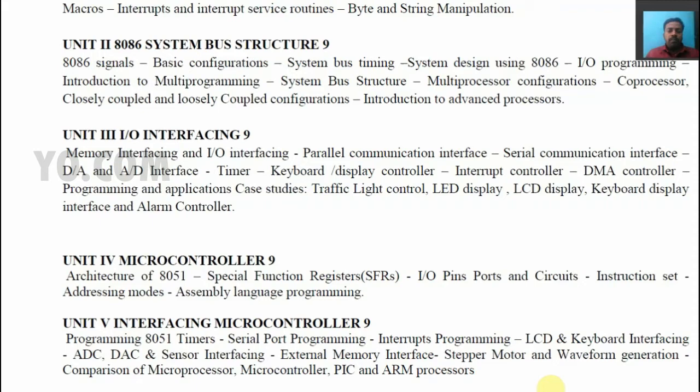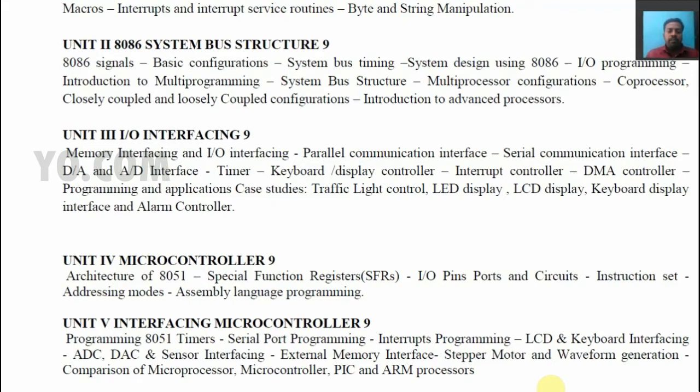In IO interfacing we have the parallel communication interface, that is the parallel port, then the serial communication interface, that is the serial port, then digital to analog converter, analog to digital converter, timer, keyboard and display controller, interrupt controller, DMA controller, then applications based on these interfaces. They are the traffic light controller, LCD display interface, LED display interface, keyboard and display interface, and alarm controller. So these are completely practical oriented.